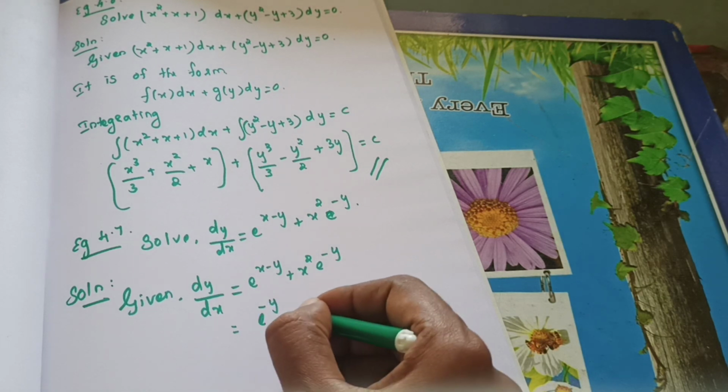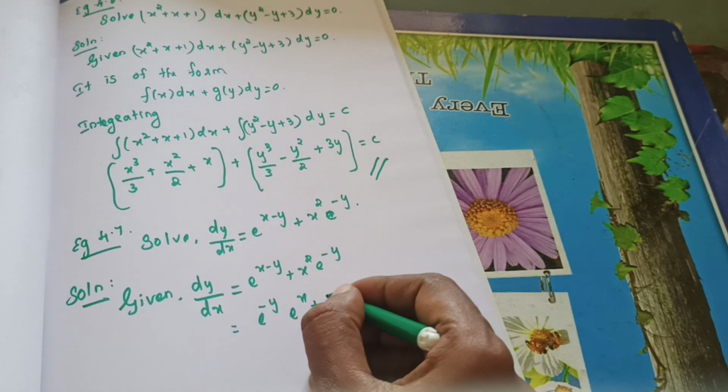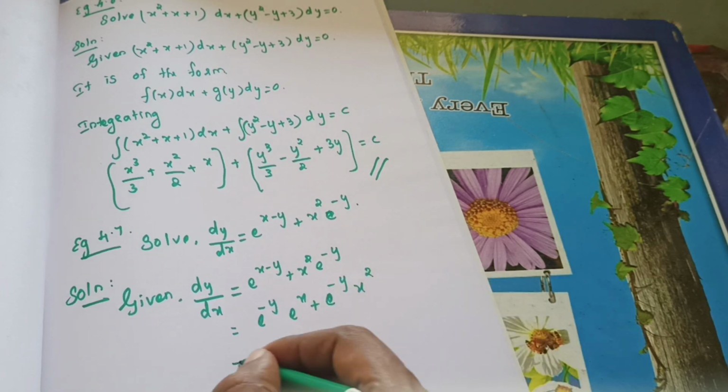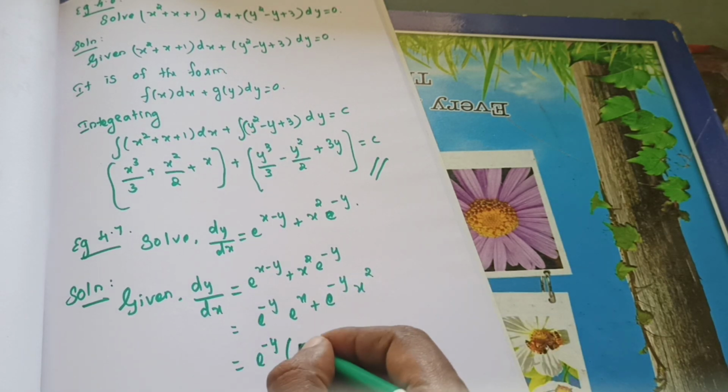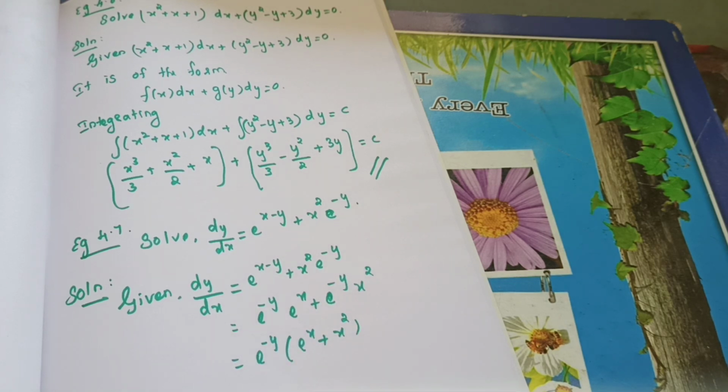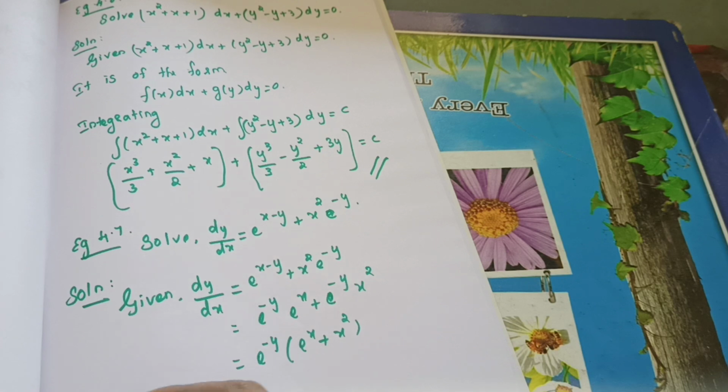Split it: e^(−y) e^x + e^(−y) x². Take the common factor e^(−y) outside, so e^(−y)(e^x + x²). Then now you need to separate the variables.